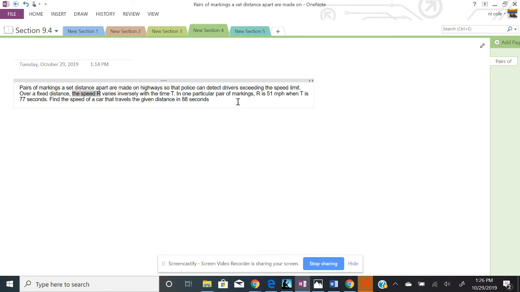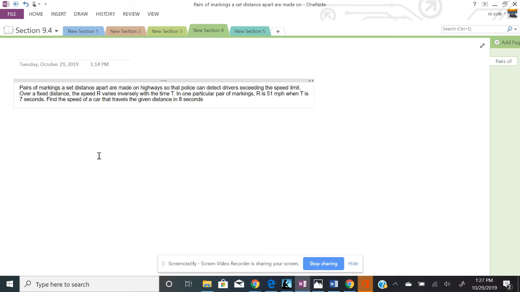In one particular pair of markings, r is 51 miles per hour when t is 77 seconds. Oh, sorry guys, that should say 7 and this should say 8. Find the speed of a car that travels the given distance in 8 seconds.